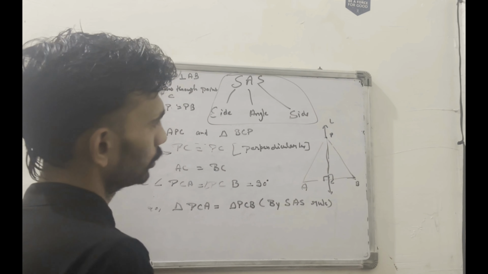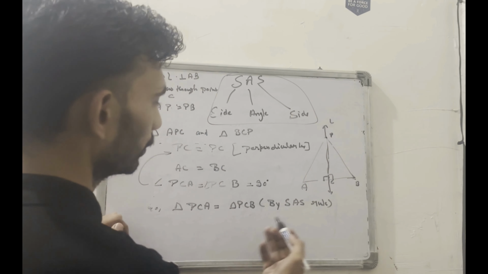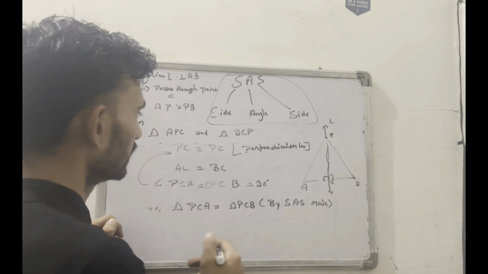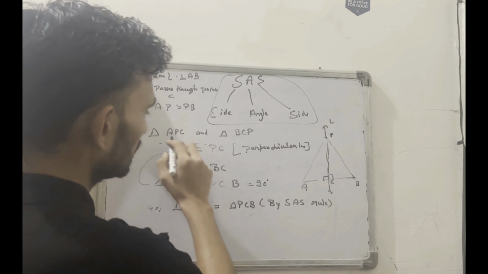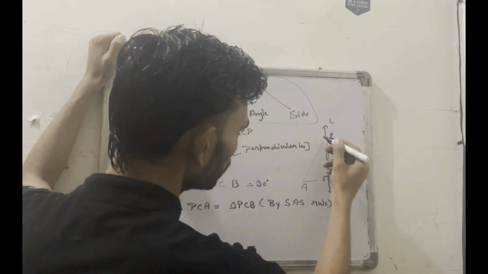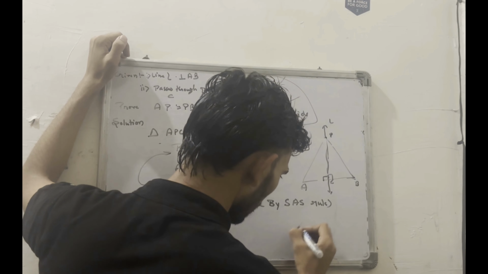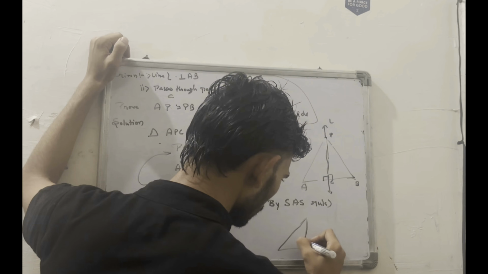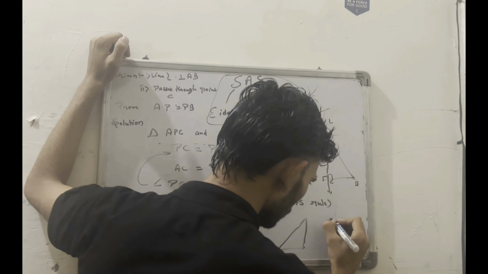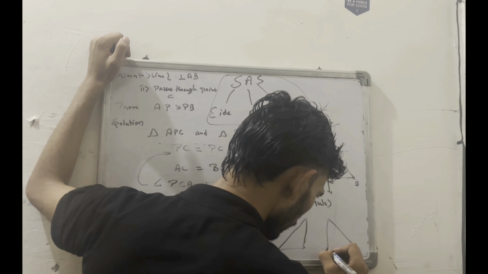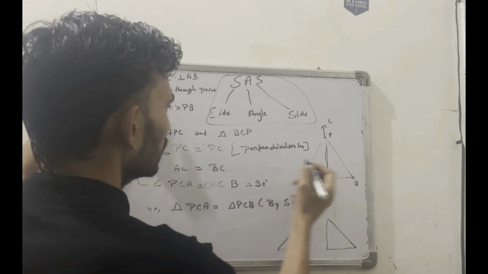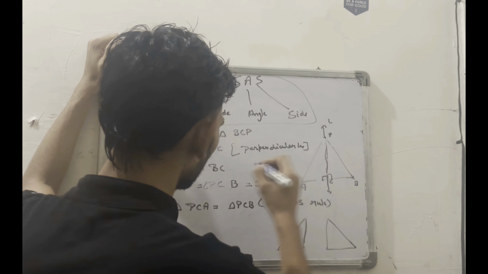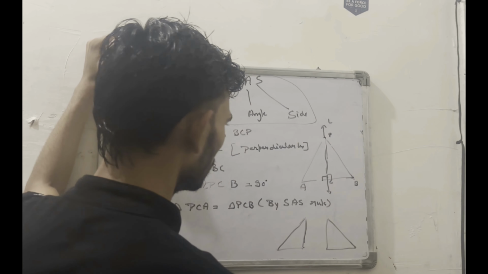Let's take another look at that, because here we have applied the SAS rule directly. That's why we are discussing that one again. Here you will see triangle APC. Let's break that triangle. The triangle looks like that, and the second part looks like that. Here you will see that a common line is provided, that is PC.